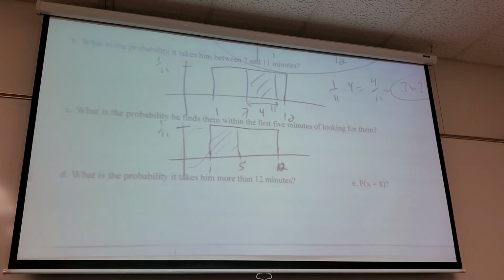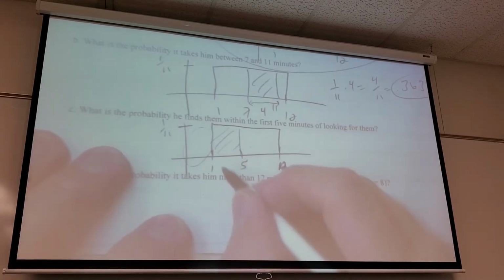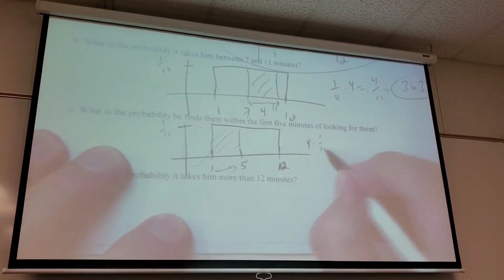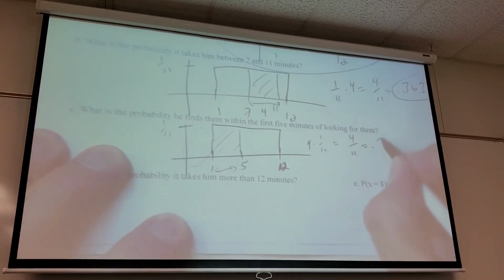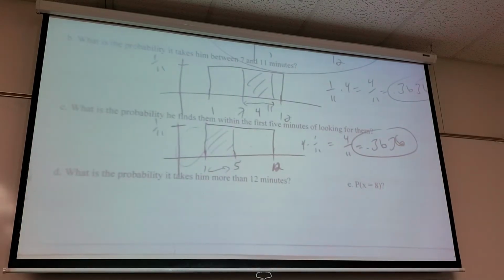So it's the same as the other one. It's just the same probability, because it'll be 4 width times 1/11 height, 4/11ths, which is still 0.3636.